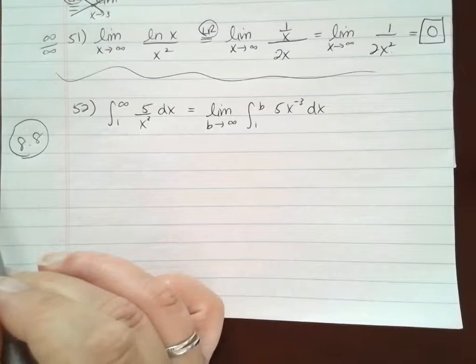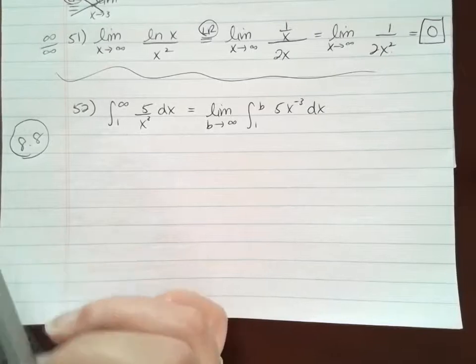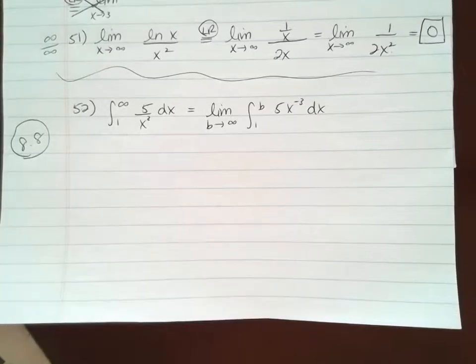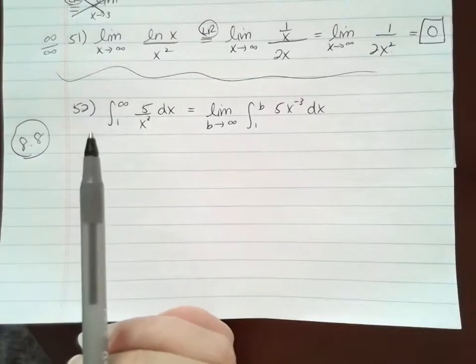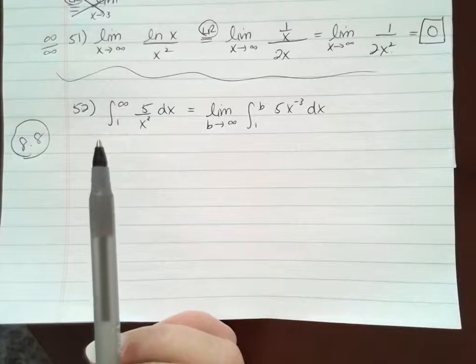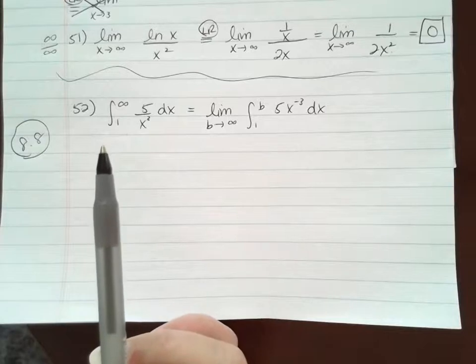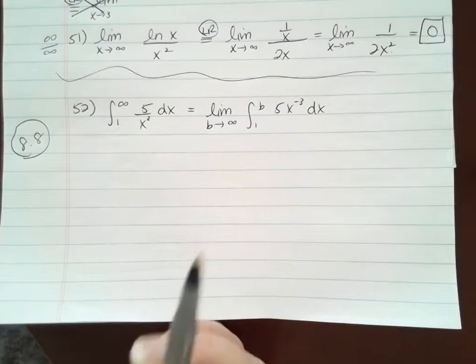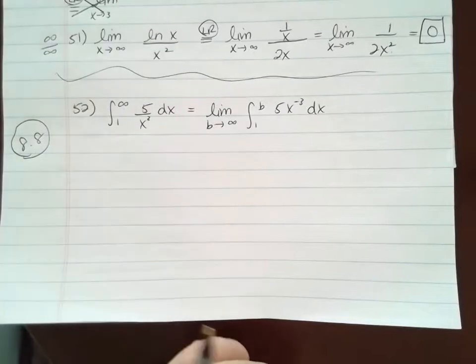Like in the next example, infinity is still difficult, but maybe 0 if I plugged it in would be difficult, or something like that. If in the next example it said 1 minus e to the x, then 0 would be a concern because it would end up giving me 0 in the denominator. But for right now, this is the one that's the concern.